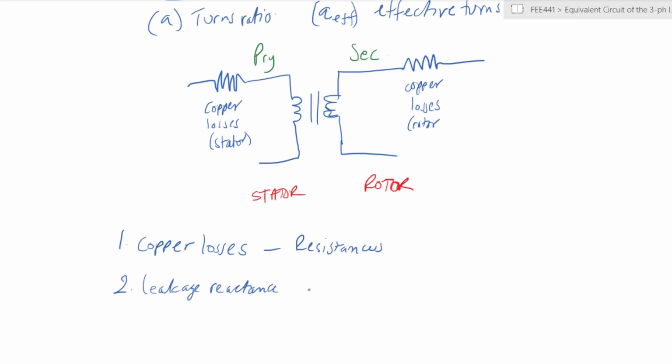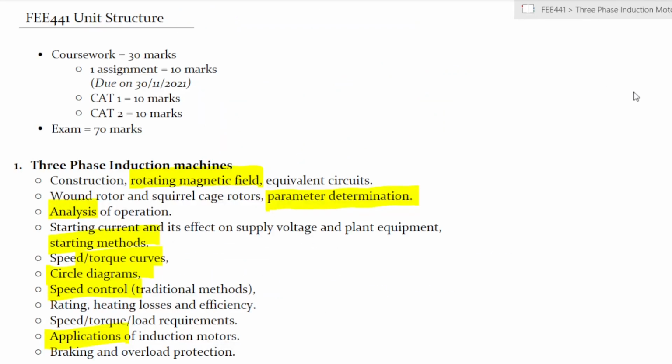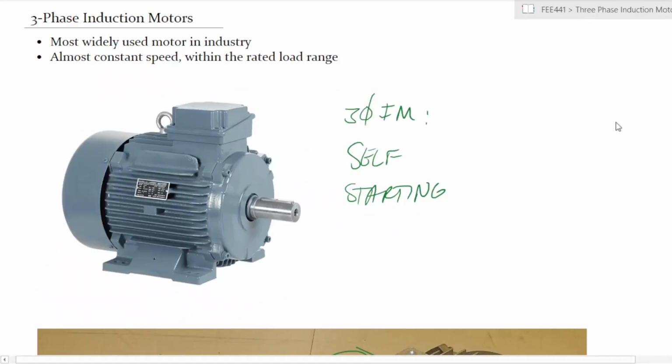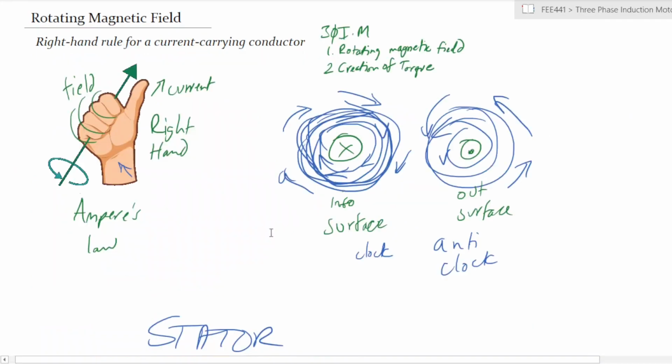So within the rotor, we mentioned that in order for you to have torque, you would have a counterpart magnetic field that is set up inside the rotor due to the current that flows inside the rotor. Let me just show that. We had that before, somewhere here, under rotating magnetic field.